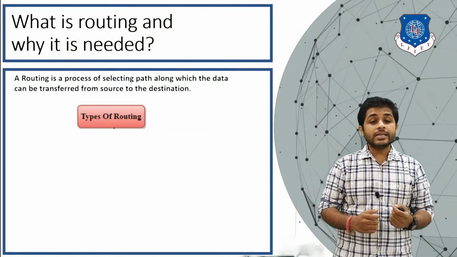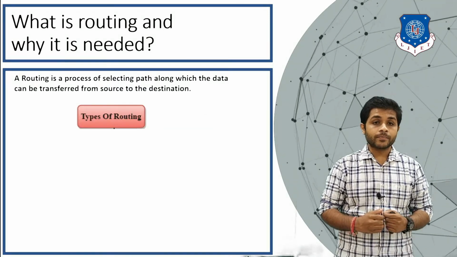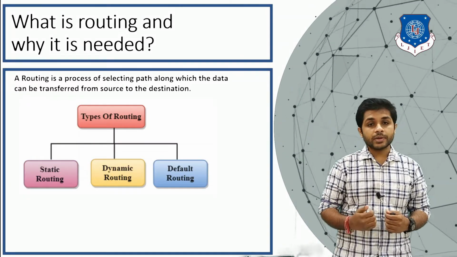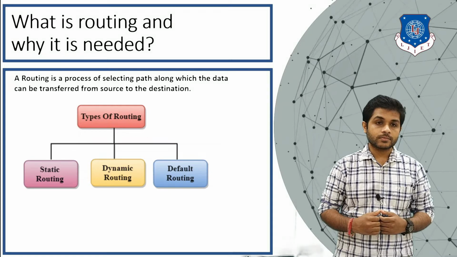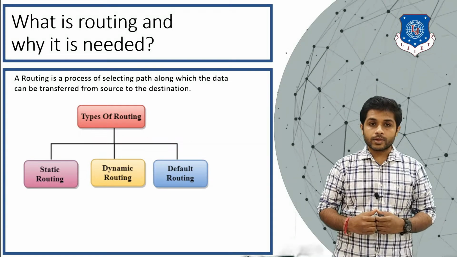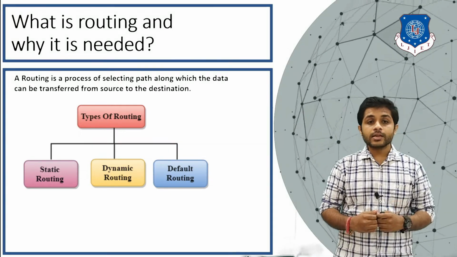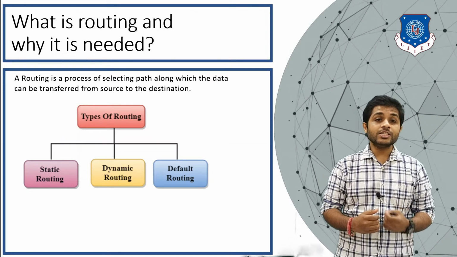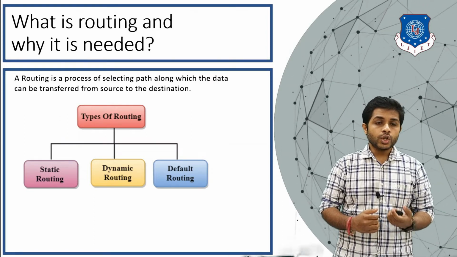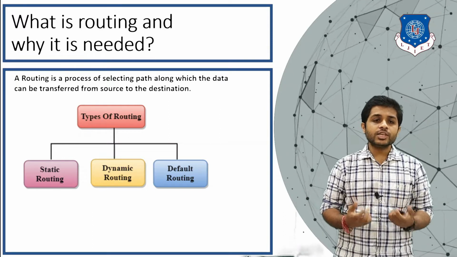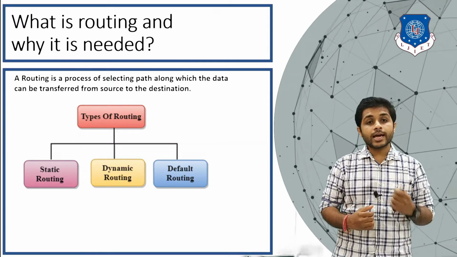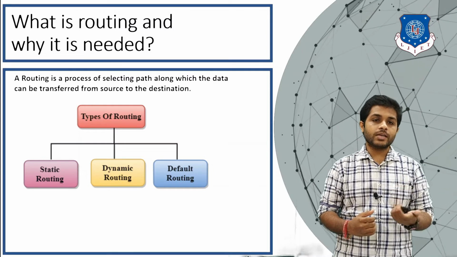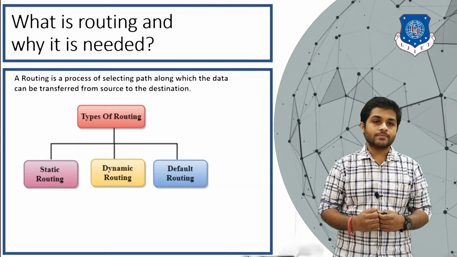There are three types of routing: static routing, dynamic routing, and default routing. Now, what is static routing? In static routing, the entries in the routing table can only be changed manually. Whenever there is any change in the network, the network administrator will change the entries in the routing table on their own.